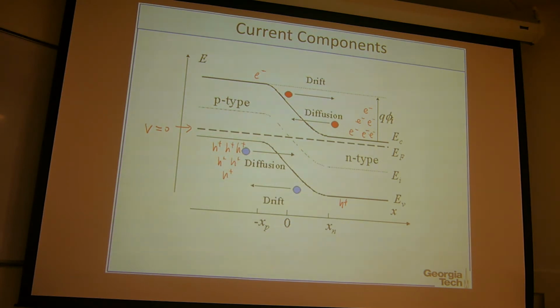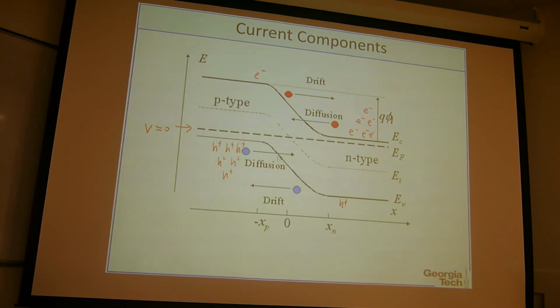Electrons drift from the P-type to the N-type, while diffusion makes electrons diffuse from the N-type to the P-type. Similarly for the holes: holes diffuse from the P-type to the N-type, and holes drift from the N-type to the P-type.